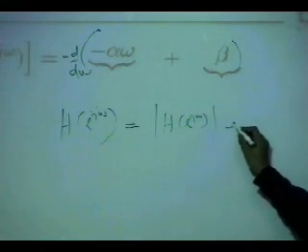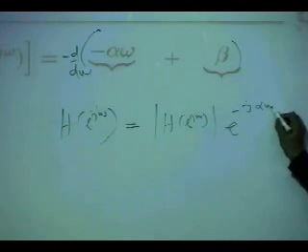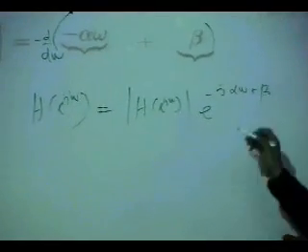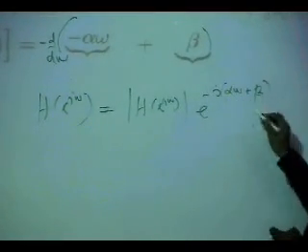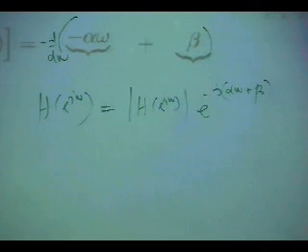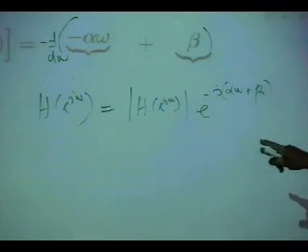And with that, the phase term may appear like this, minus j alpha omega plus beta. This is fine. If this is the phase term, this is still a linear phase system. So in FIR filters, we always try to have a system with this frequency response.